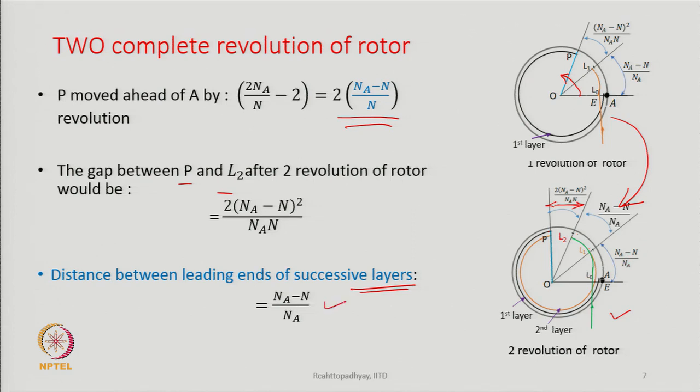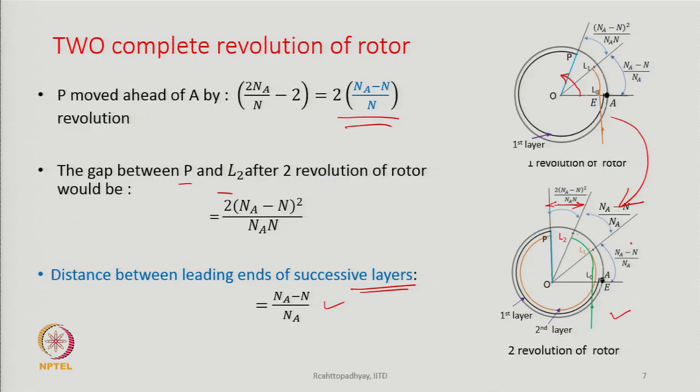They will be all constant. That means we are building layers after layers, layers are falling on each other, but there is a shift between the ends. And how much is the shift? The shift is equivalent to capital (N_A minus N) by N_A revolution. That will be the distance between successive layers.